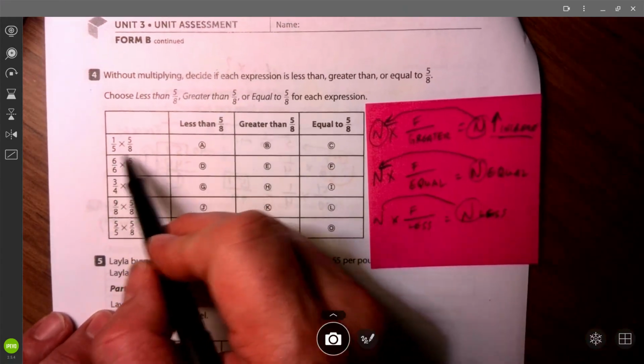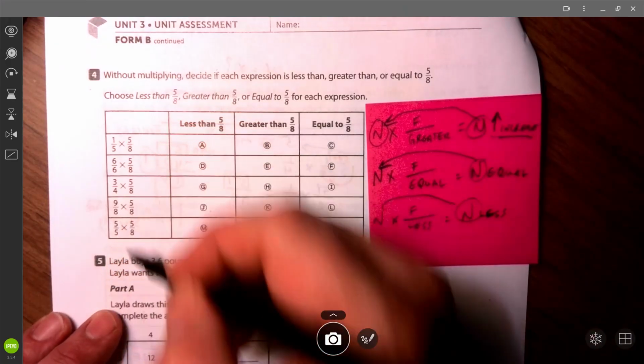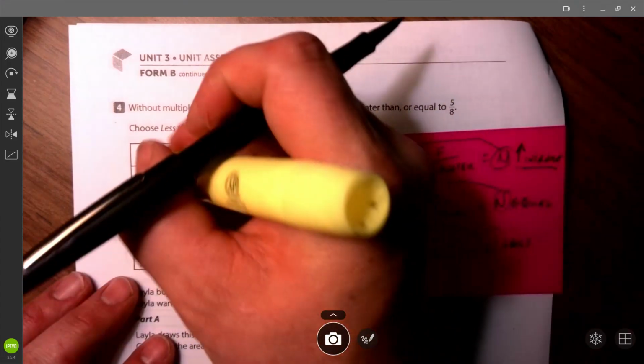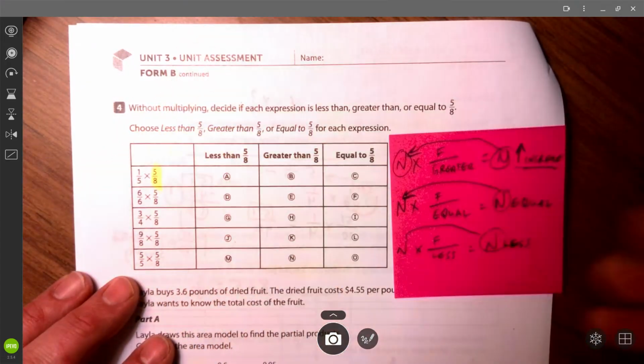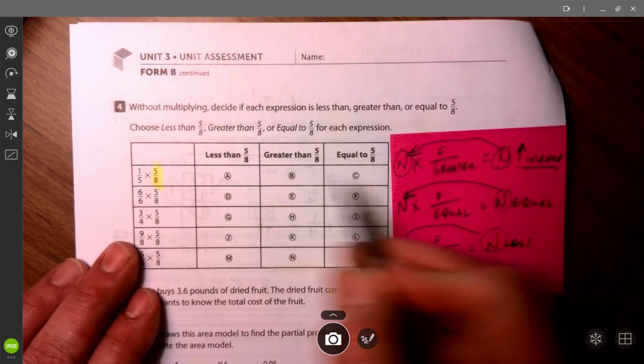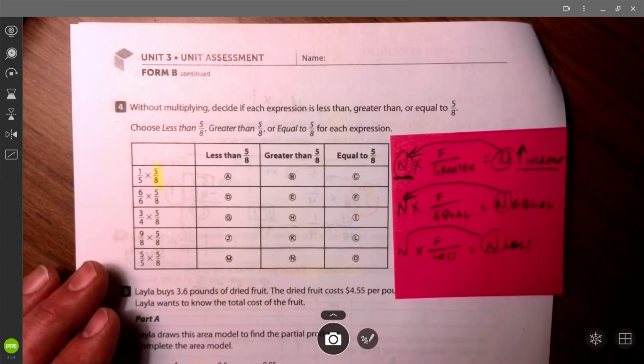So let's look and see what's not changing here. So 5/8, 5/8, 5/8, 5/8. So 5/8 is the thing that we're going to be either making less than, greater than, or equal to. So 5/8, that's our number, and it's just flipped around.